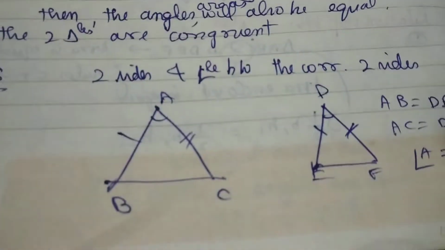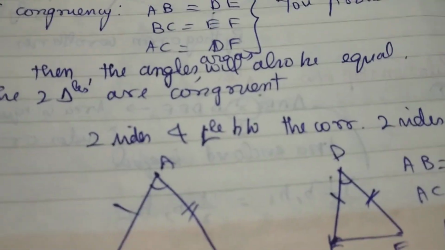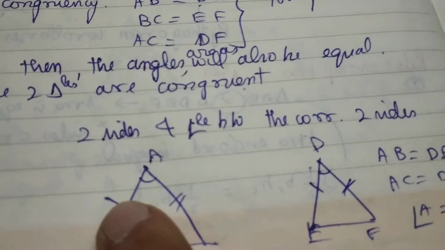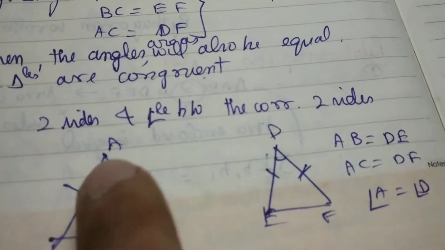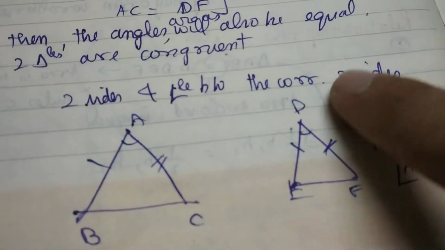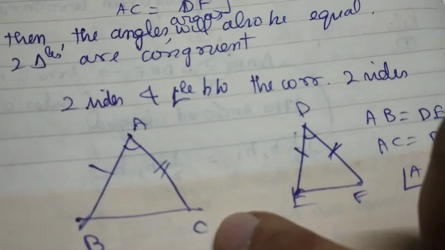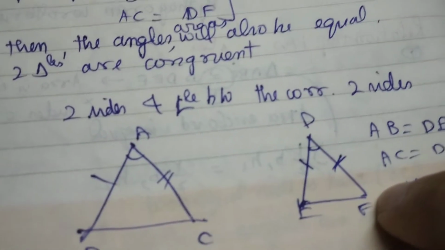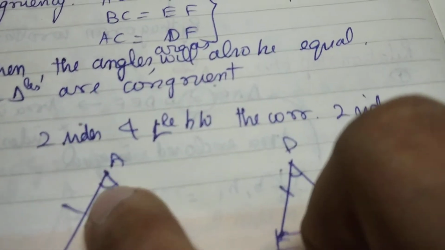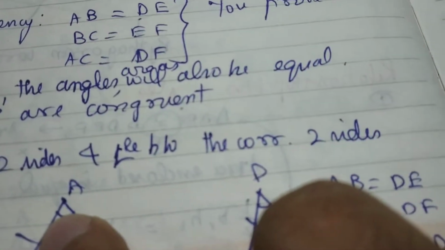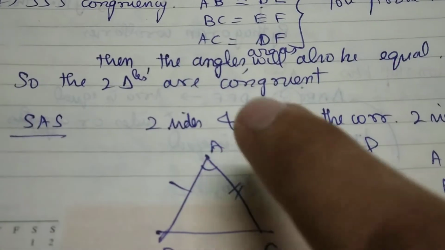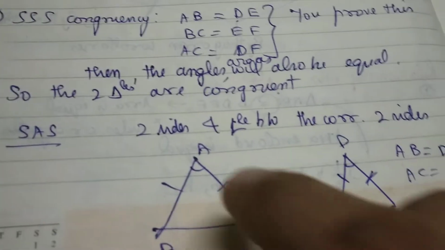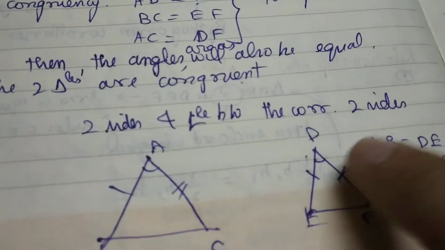Side angle side congruency. If you prove two sides are equal, that is AB is equal to DE and AC is equal to DF, and the angle included between the two equal sides are equal, then it is SAS congruency. See, these two sides are equal.